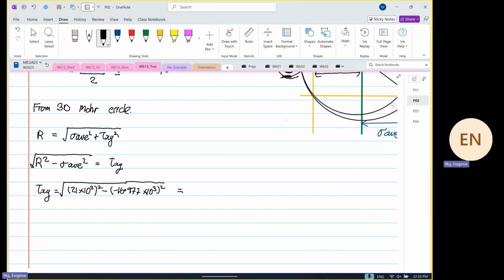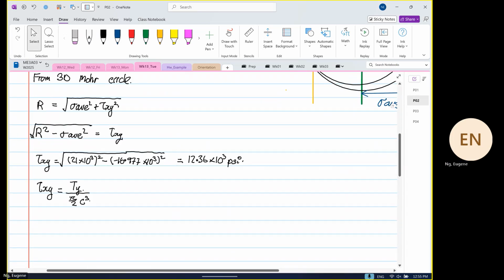So now we compute the shear. I'm getting a funny number, 12.36 times 10 to the power 3 psi. So from here, we calculate the shear xy, which is equal to Ty over pi over 2 C cubed.